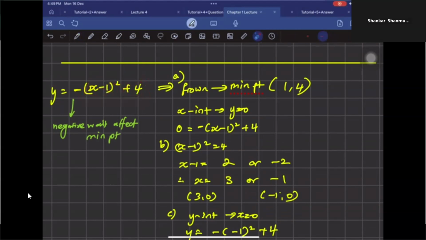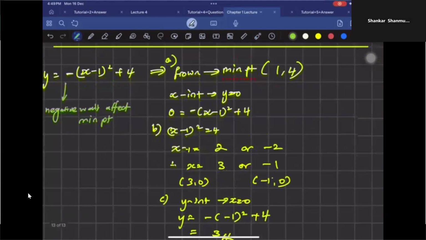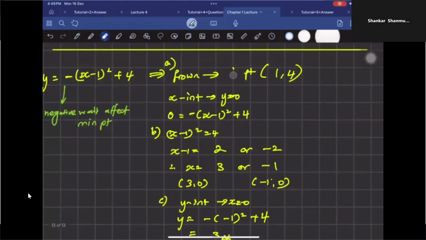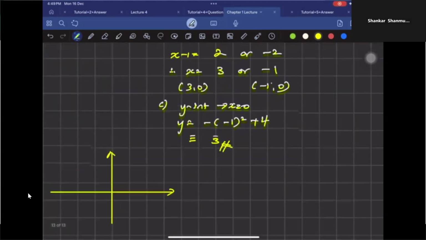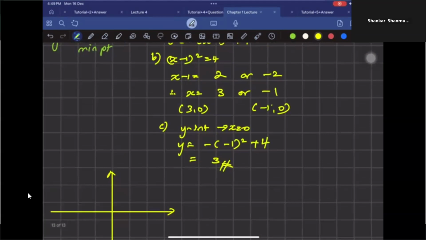Okay, the negative won't affect your minimum point or maximum point. So again, since it's a frowning face, it's a maximum point. Okay, so once you have this, I believe this step should be easy.